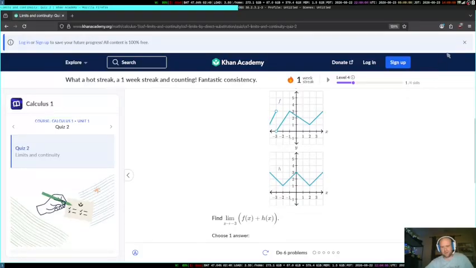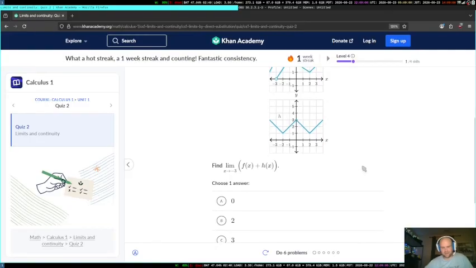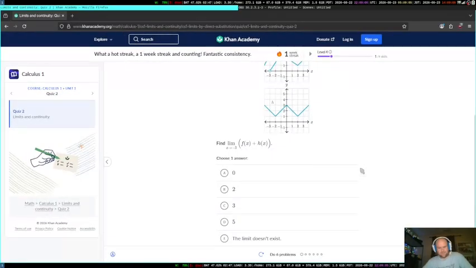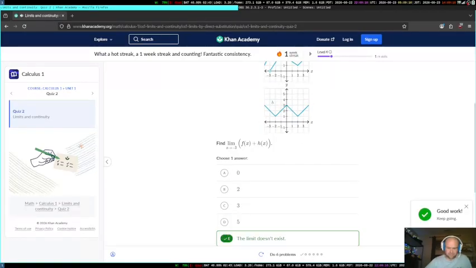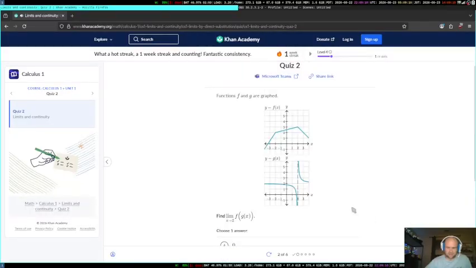This is such a weird question. I don't like these questions. I think the limit doesn't exist, but this really feels like a trick question. Okay. F and g are graphed. f of g.